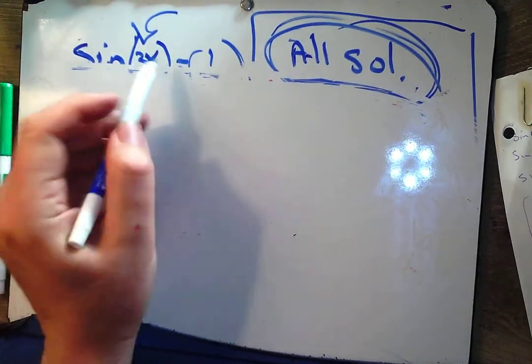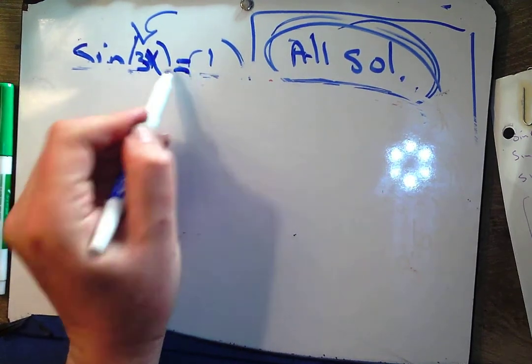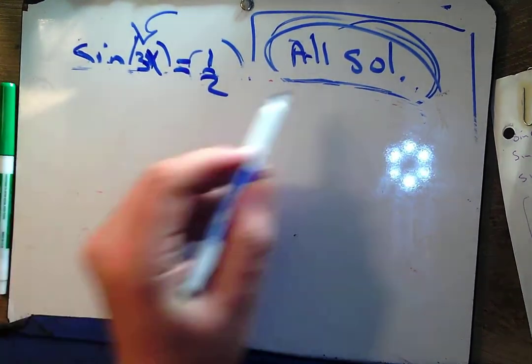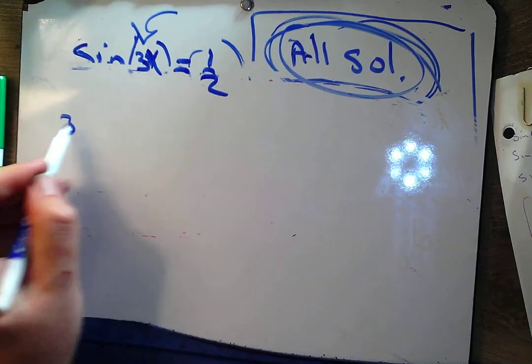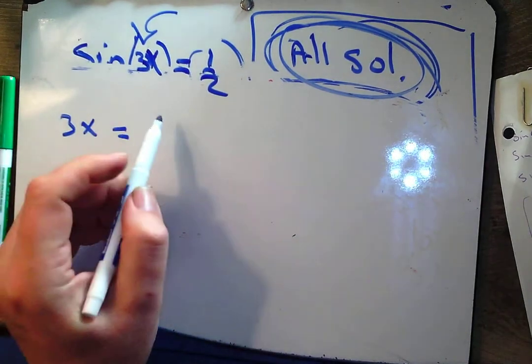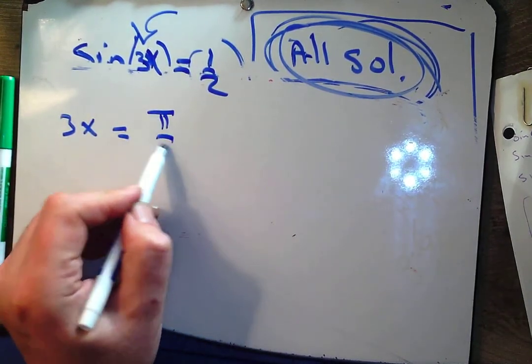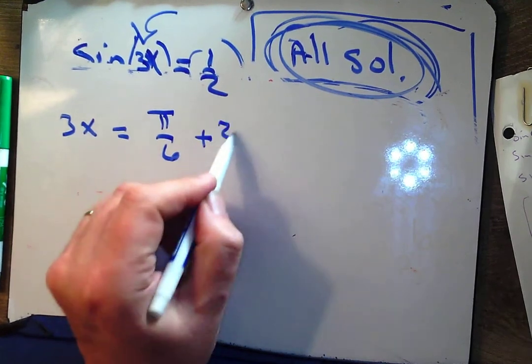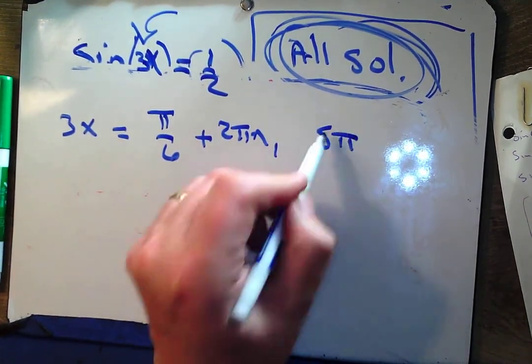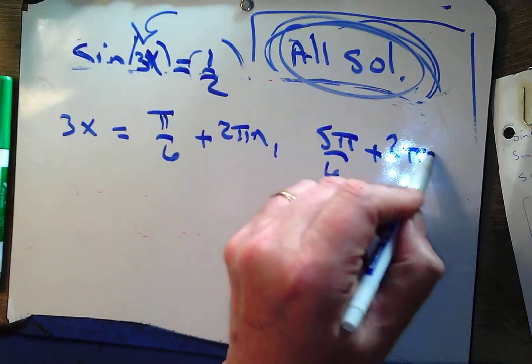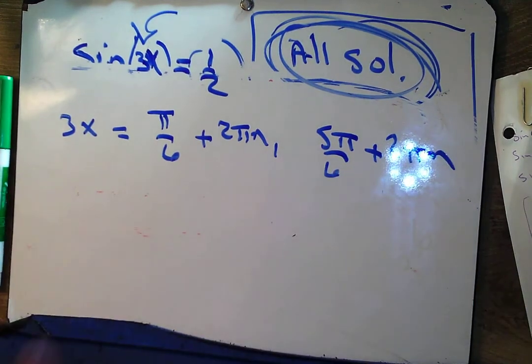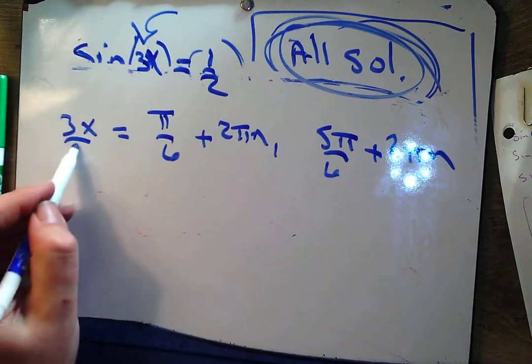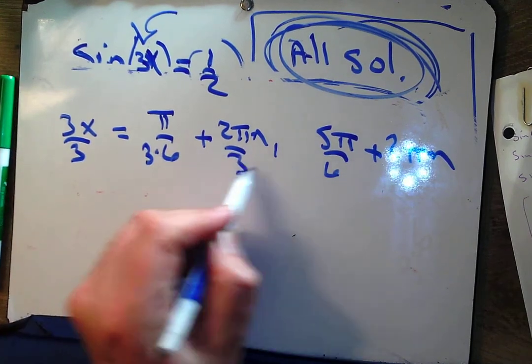Let's see. So we knew that sine of 3x was equal to 1/2. And I know since I'm doing all solutions, I'm only going to go around one time picking up solutions. Pi over 6 plus 2 pi n, 5 pi over 6 plus 2 pi n. That's so nice. Only once around with all solutions. And then divide by 3 everywhere.